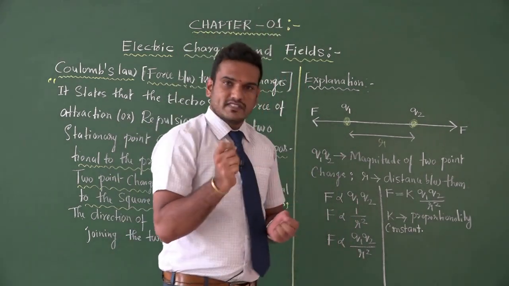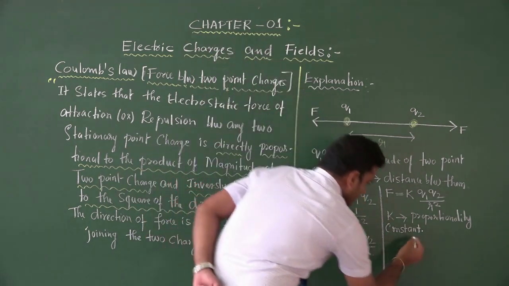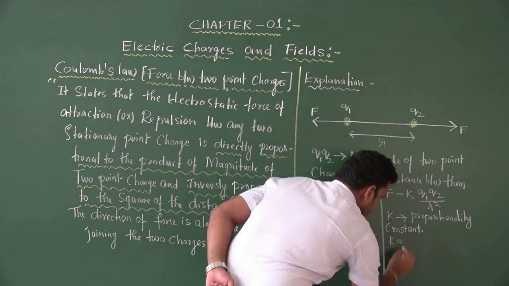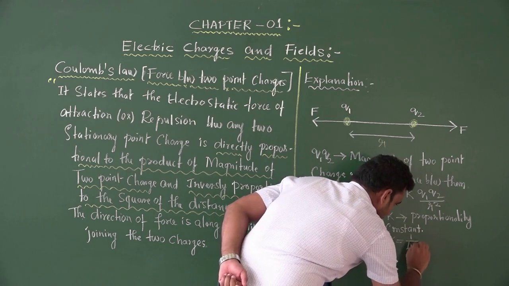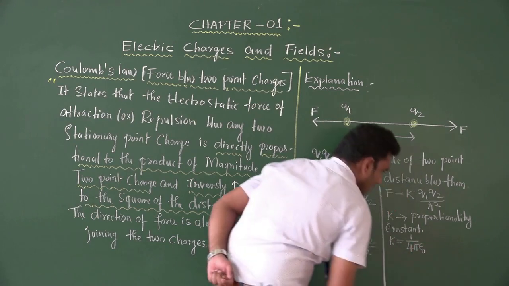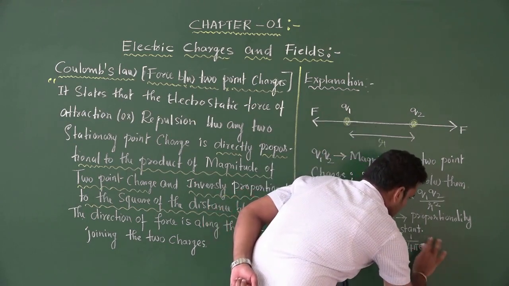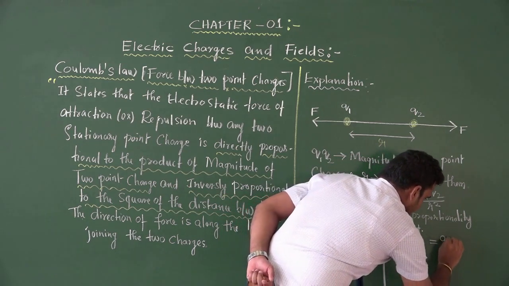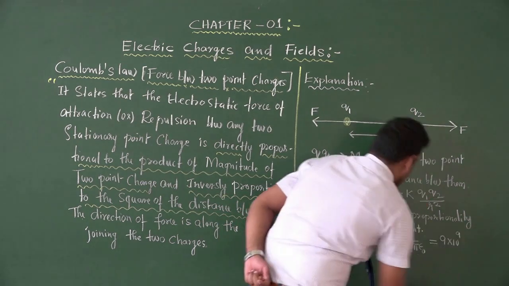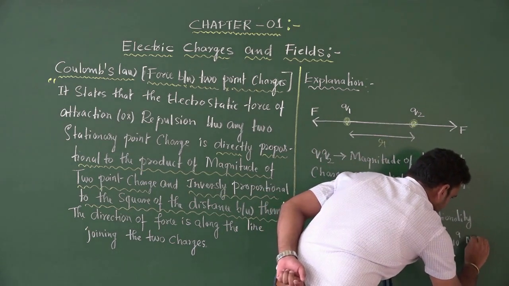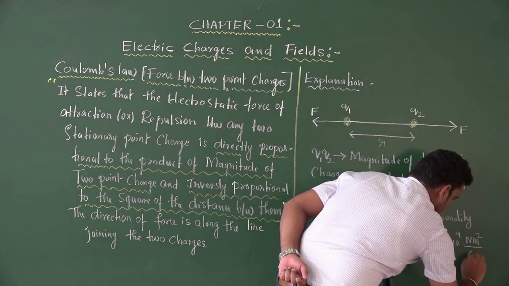On the basis of the system of units, the value of K is found to be equal to 1 over 4 pi epsilon naught, which is equal to 9 into 10 power 9 Newton meter square per coulomb square.